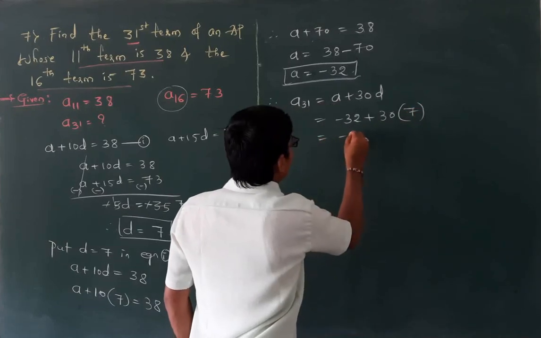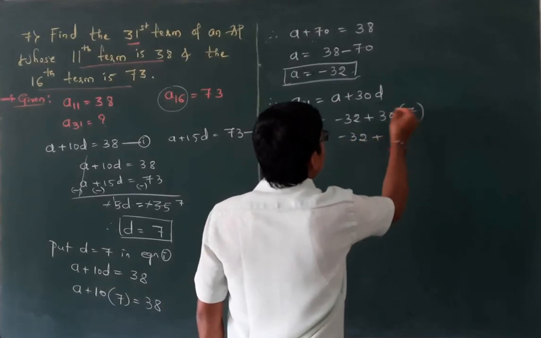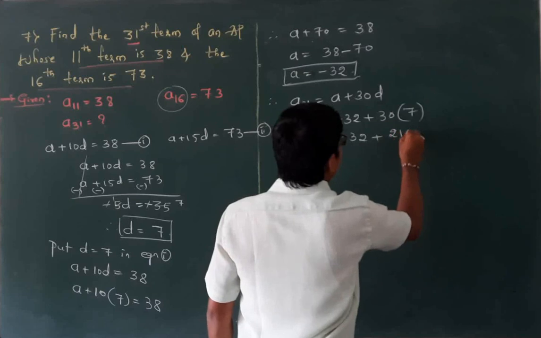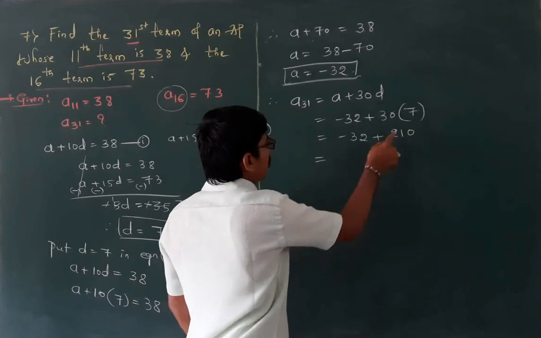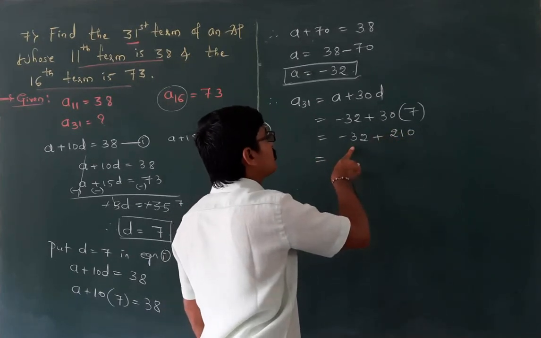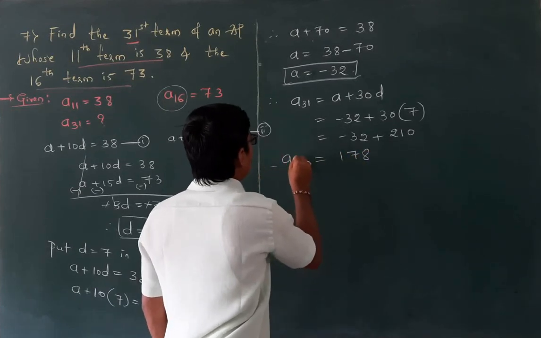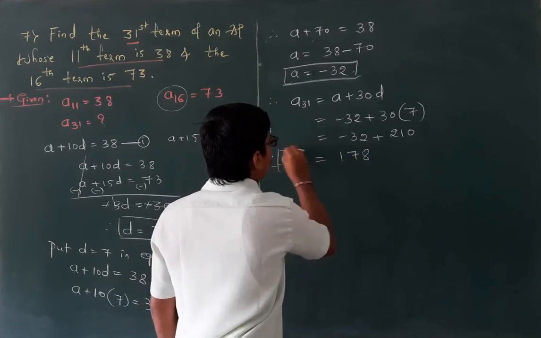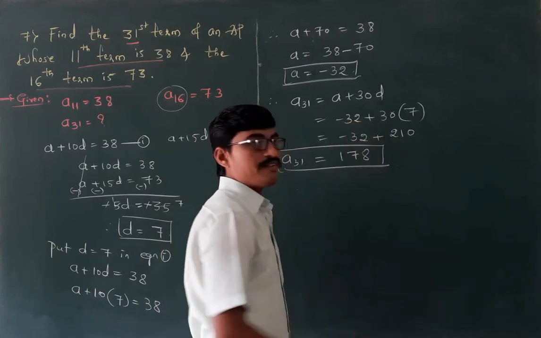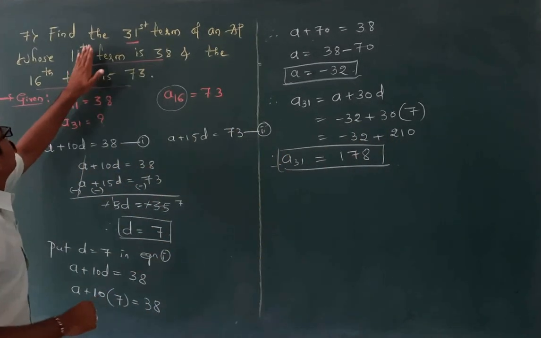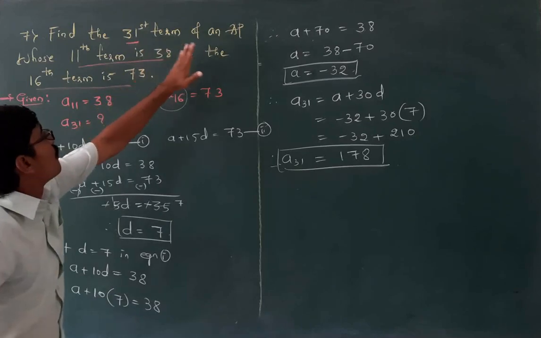You will get minus 32 plus 30 times 7, 3 sevens are 21, so it is 210. You will get 210 minus 32, which is 178. A31 is 178. Therefore, the 31st term of the AP is 178.